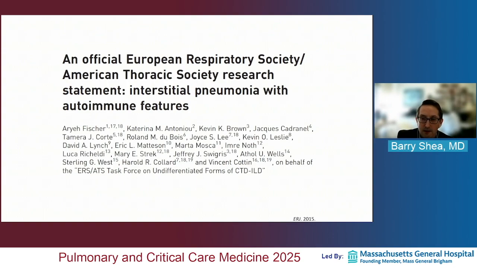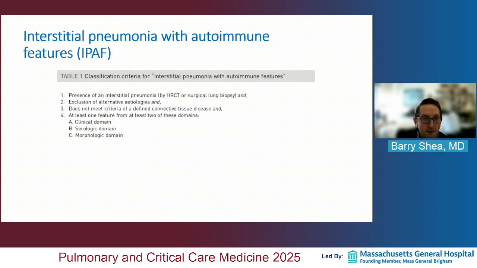And so they proposed this term IPAF. This was meant to be a classification criteria, really to better define and try to study and understand these entities. But like with many classification criteria, they tend to get used as diagnostic criteria. And this is a summary of their proposed criteria.